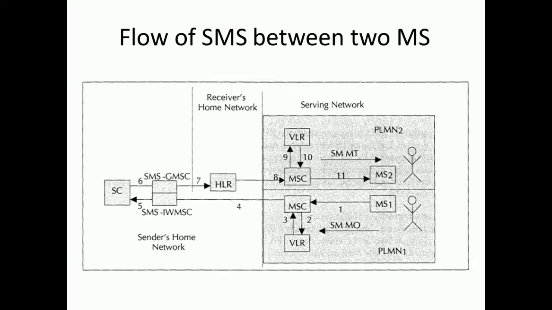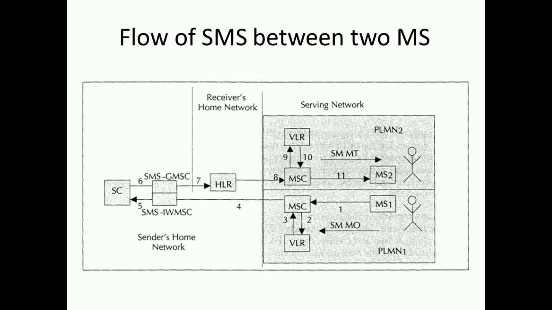For an outgoing message, the SMS is sent from the phone to the SC via the VLR and the interworking MSC. For an incoming SMS message, the path is from SC to the MS via the HLR and the gateway MSC.